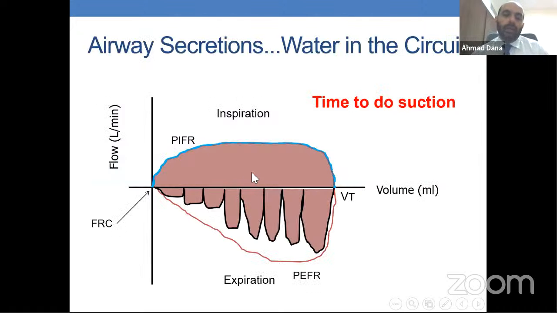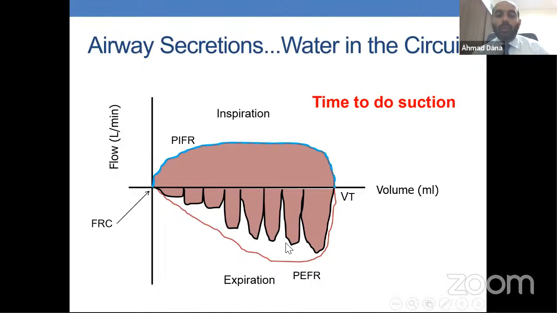Usually we instruct the nurses, especially for patients who have pulmonary hypertension, that in pulmonary hypertension you need minimal handling. You don't need to touch the patient. Leave the baby alone.